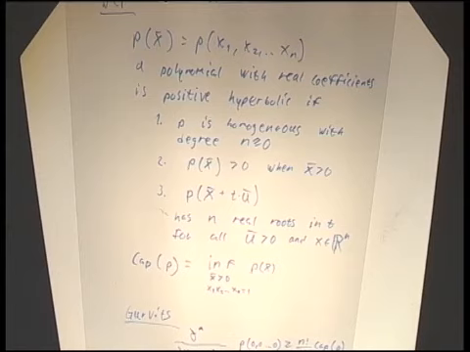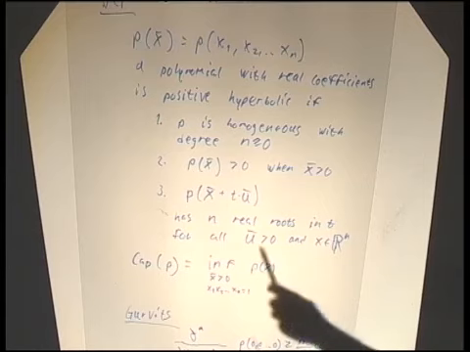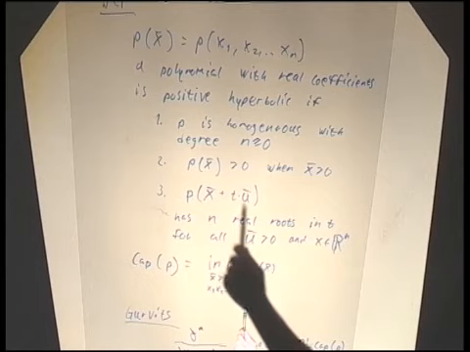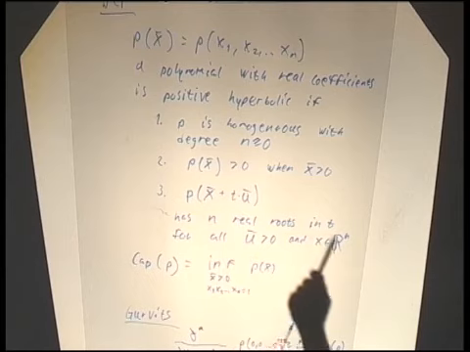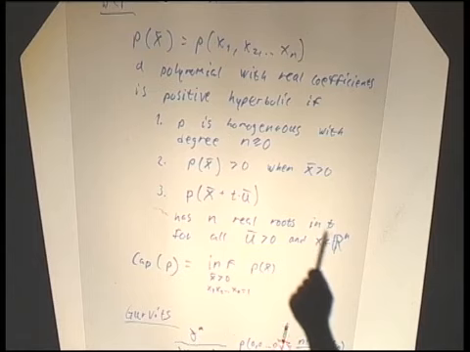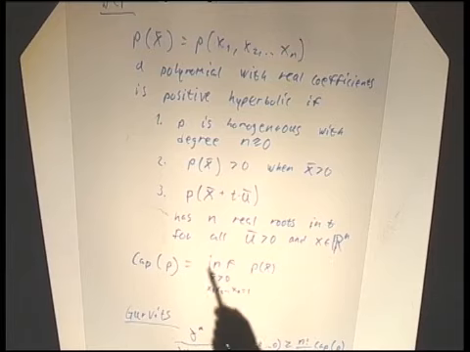So x is assumed to be real, the values are supposed to be real here. And P of x plus t times u has n real roots in the variable t. So let me view this as a single variable polynomial, for all u which are strictly greater than 0 and all real vectors x.